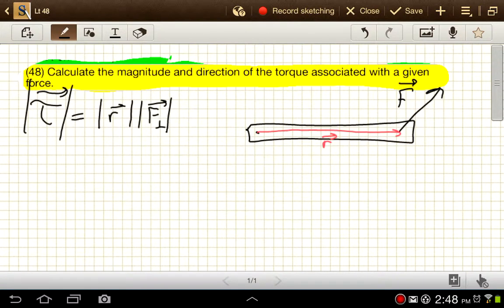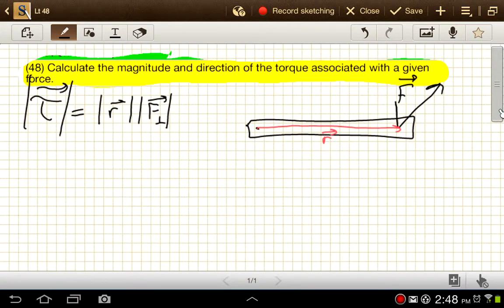And so in this one we care about what this distance is, and we also care about the part of this force that's perpendicular to this position vector. So we could break that up into the part that's perpendicular and the part that's parallel to R. And this would be F perpendicular.